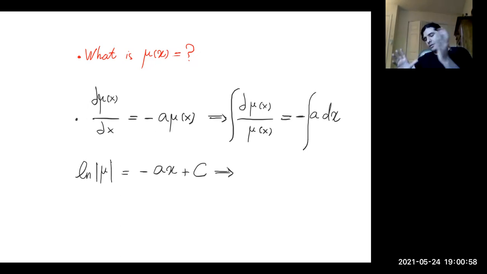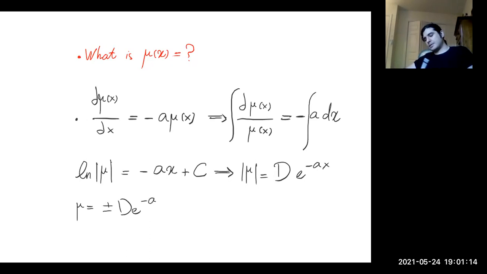And we take the exponent of both sides. So the absolute value of mu would be another constant times e to the minus ax. And therefore, mu would be plus or minus that constant times e to the minus ax, which I would show with a constant times e to the minus ax.